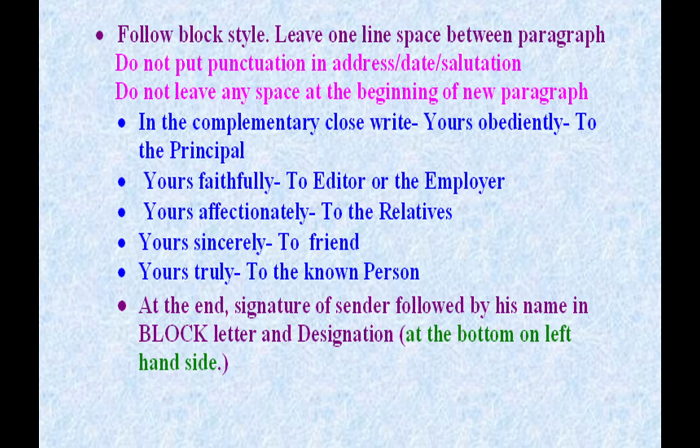Follow block style. Leave one line space between paragraph. Do not put punctuation mark in address, date, salutation. Do not leave any space at the beginning of new paragraph. In the complementary clause, write yours obediently to the principal, yours faithfully to the editor or the employer, yours affectionately to the relative, yours sincerely to friends, yours truly to the known persons.